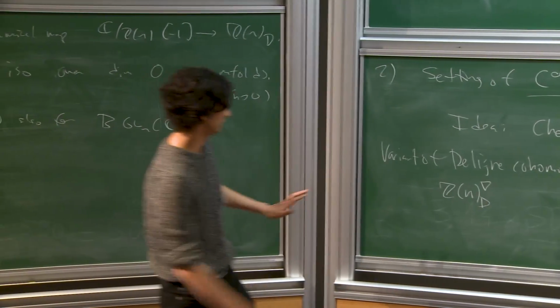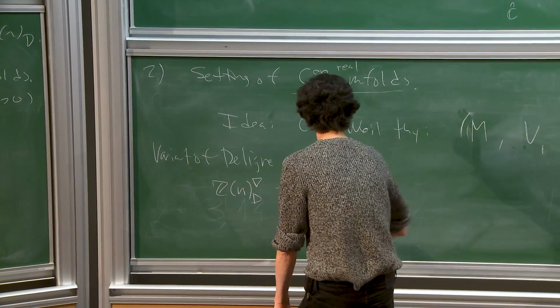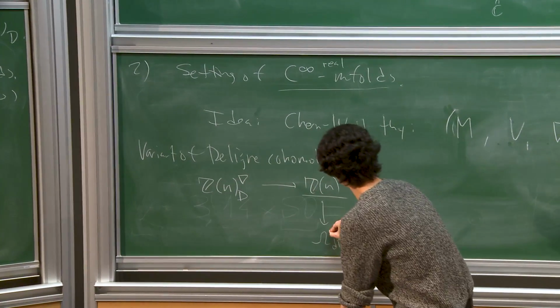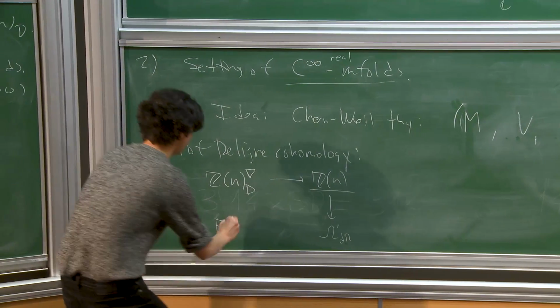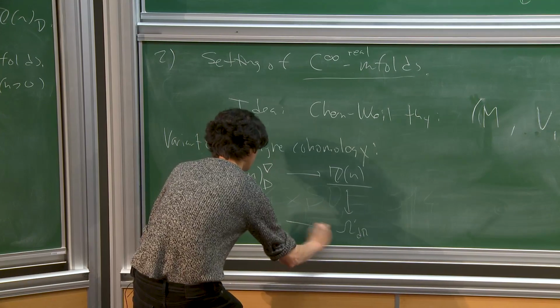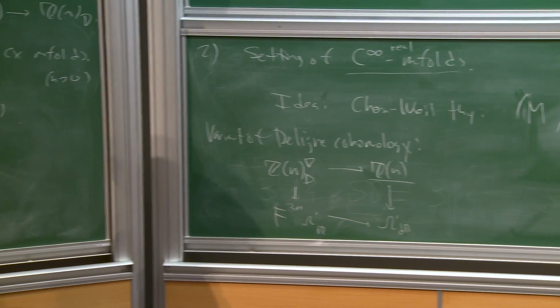Okay, so a variant of Deligne cohomology. So we're going to put the same Betti part, so to speak. So the same Zn. And then this again maps to the de Rham complex. Now this is the C-infinity de Rham complex. And instead of, now the usual Deligne cohomology would be Fn, and here instead I'm going to put F2n. And you might say, well, isn't this just Z2n Deligne?